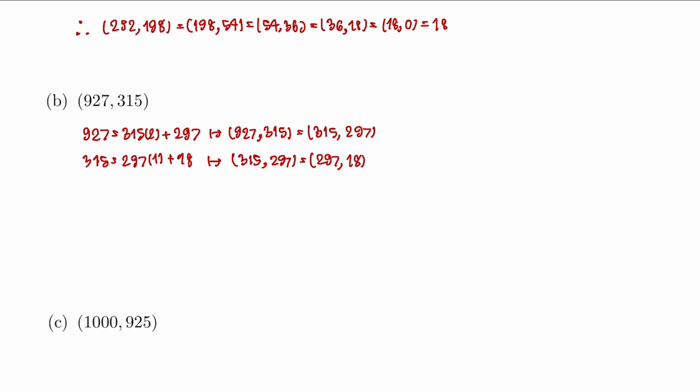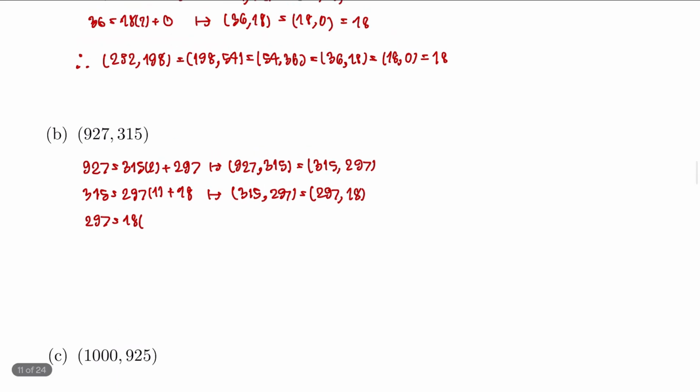Then we divide 297 by 18. For 18, you need to have 18 times something. So let's multiply by which number? I'm figuring this out.